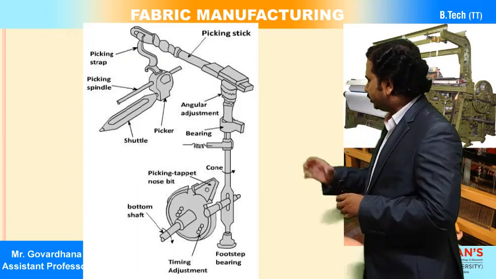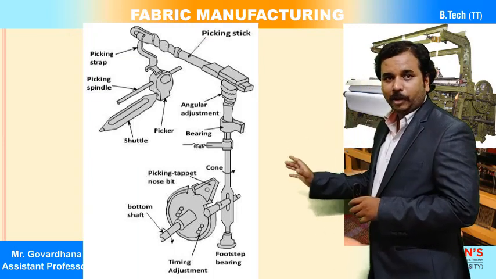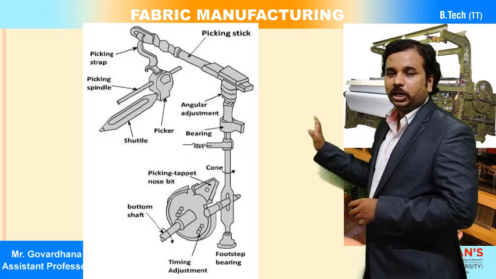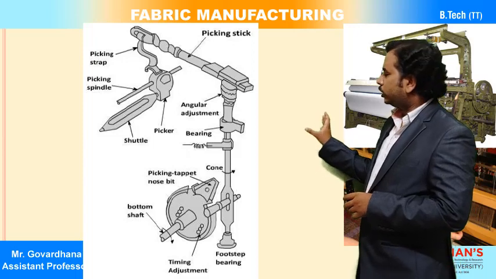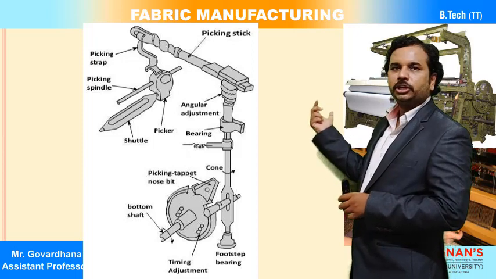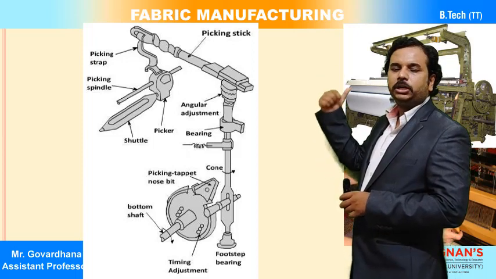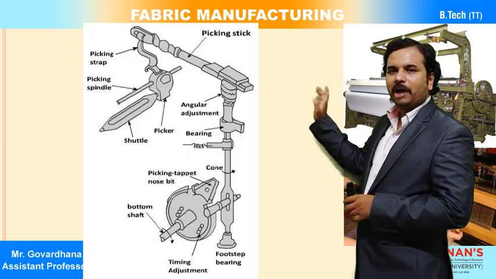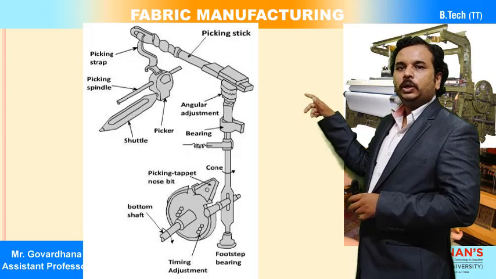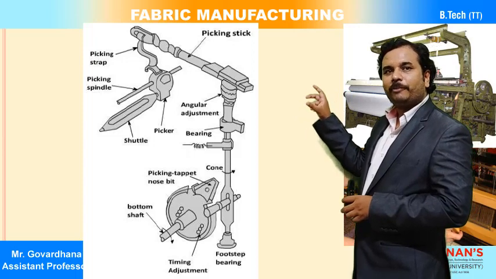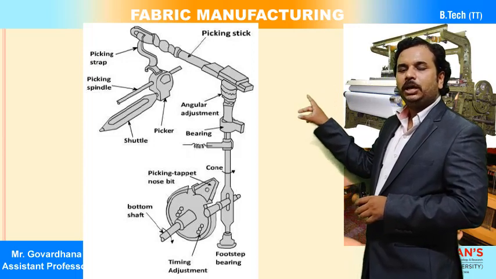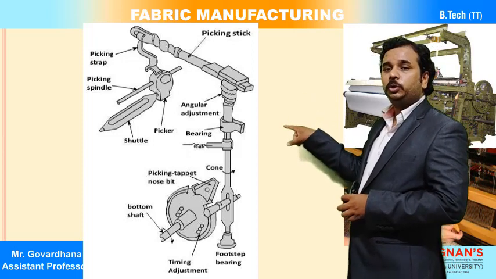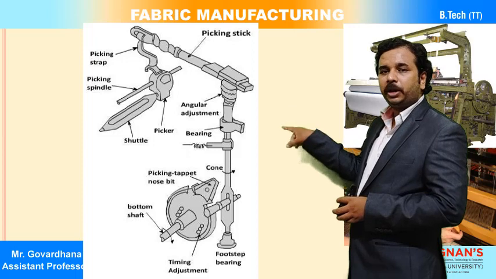So this is also a similar kind of thing. You can observe that there is a cam which is pushing the cone, which is fixed on the vertical shaft or picking shaft, so that the shaft will get the rotational movement. At the top of the shaft we have fixed a picking stick, and the picking stick has a leather strap. At the end of the leather strap we have a picker, which is fixed on the shuttle box, on the picking spindle.